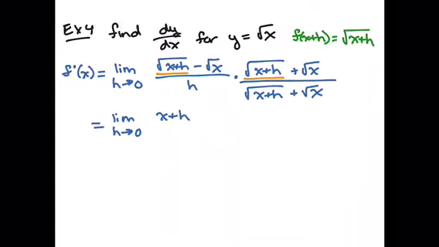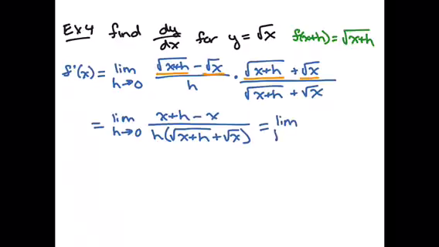The outer terms will give me square root of x times square root of x plus h, but the inner gives me minus the same thing, so that goes away, and then my last gives me minus the square root of x times positive square root of x, so we're just going to get a minus x. And in the denominator, we leave that h out front because we want it to simplify out, which I see that it will. When I combine like terms in the numerator, all I have is an h.